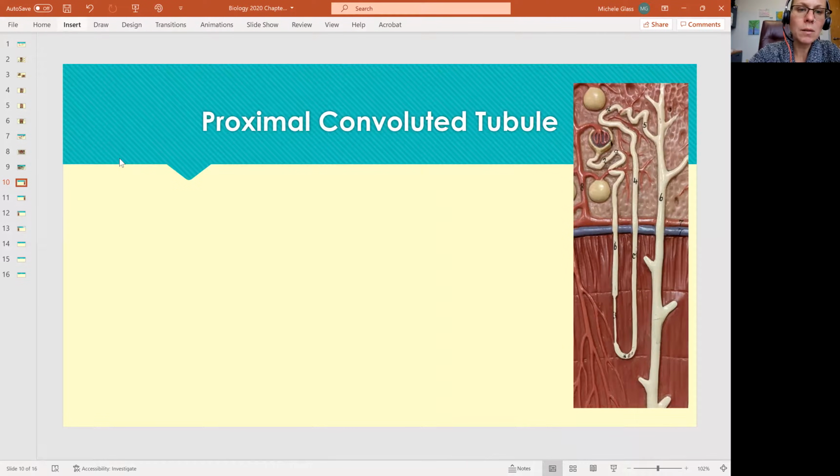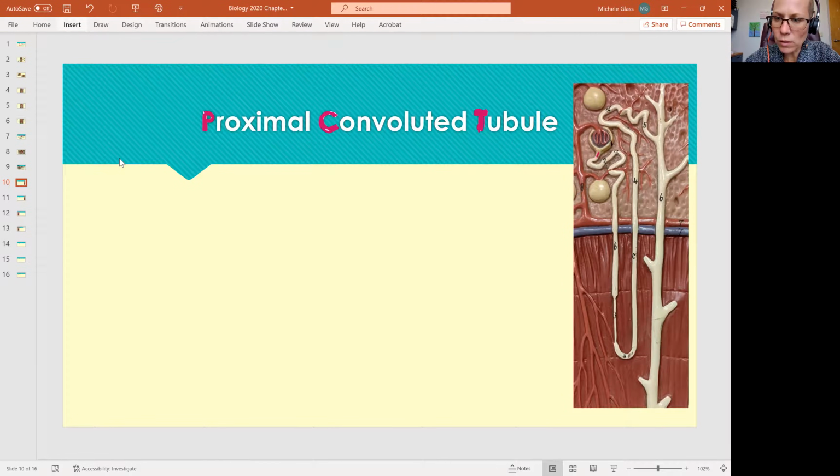So again, when we talk about the proximal convoluted tubule, we can abbreviate this as the PCT. And we see that this is grabbing that fluid that has just been filtered out of the glomerulus. So here's a close-up picture of our nephron.